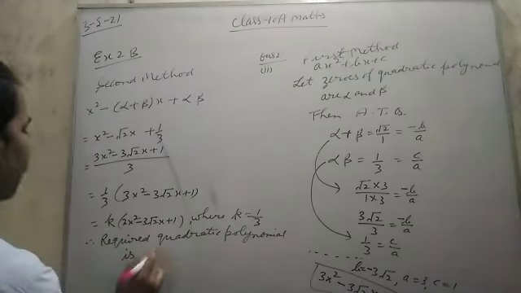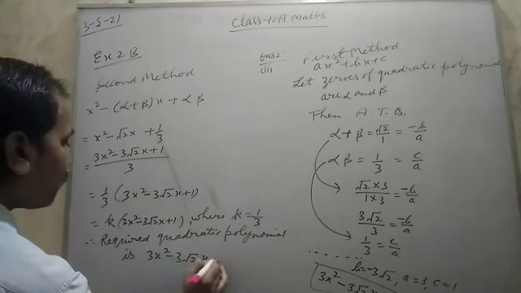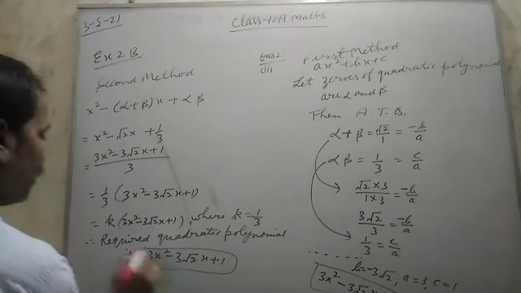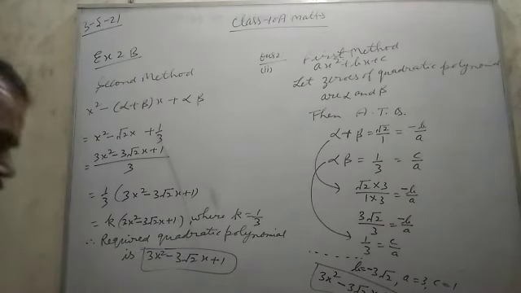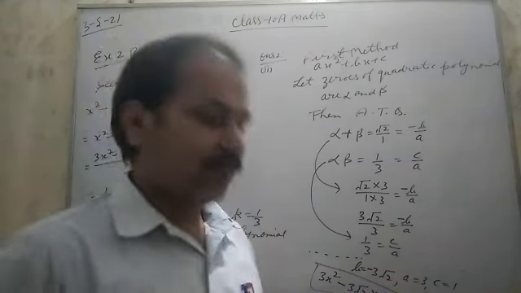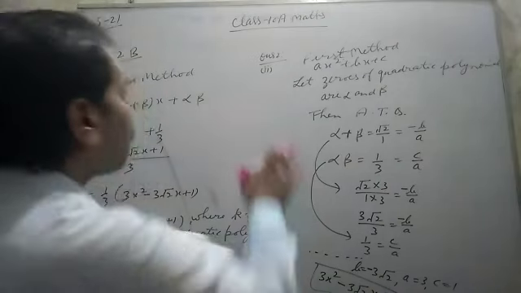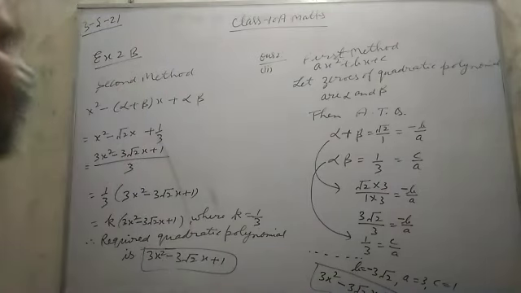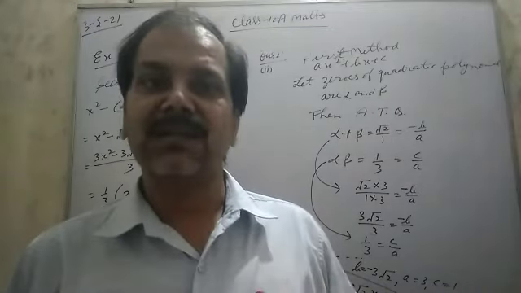So the required polynomial is 3x square minus 3 under root 2 x plus 1. Clear? So like this, the remaining part you can also do by yourself. Clear? Or one more part remaining also you can do, same as this. Okay, so in the next video I will start exercise 2.3. Okay, thank you.